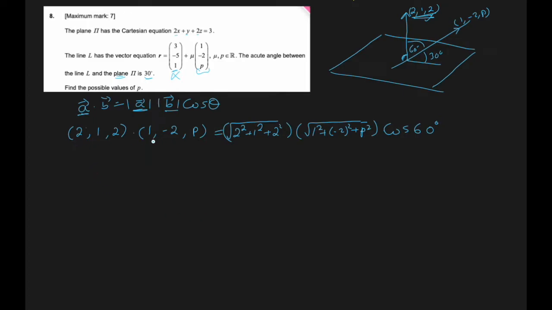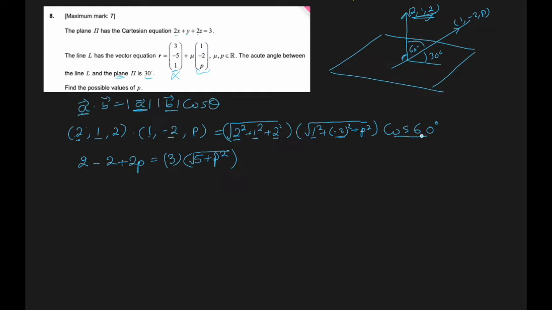So let's do the dot product first. In the dot product, we multiply the x component with x, y with y, z with z. So 2 times 1 is 2. 1 times minus 2, and 2 times P, 2P, is equal to: 4 plus 1 is 5, plus 4 is 9. Square root of 9 is 3. Then we have 1 plus positive 4, 5, plus P squared, and the square root is still there.